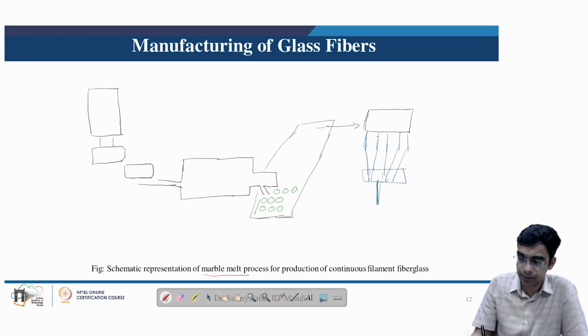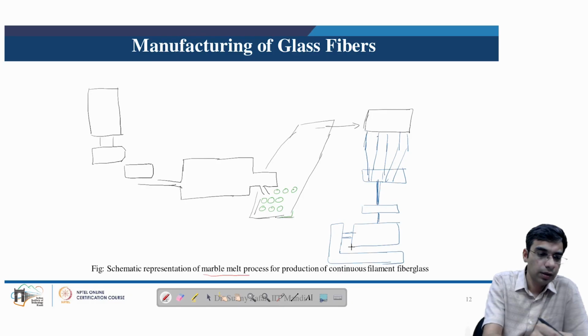A single strand is produced from here, which is then traversed, and subsequently it is wound on a cylinder. That is how generally this glass fiber is produced.